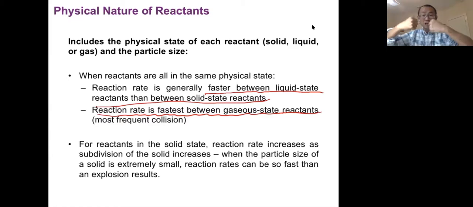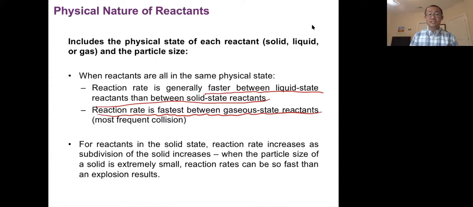Think about it: with solids, the contact area is very small because solids are in a compact state. So the reaction rate is fastest when the reactants are gas, then liquid, then solid. Why? Because of the chance of collision. Gas collision is the most frequent, the biggest chance, because gas particles can mingle with each other very well.